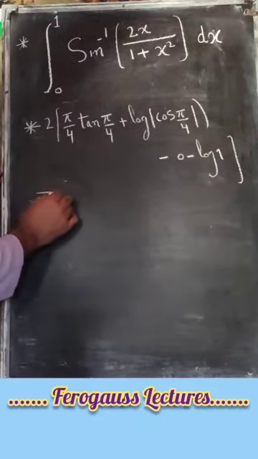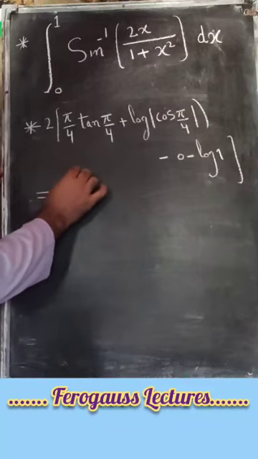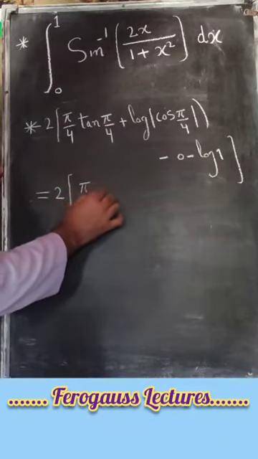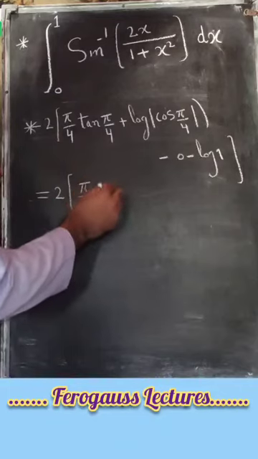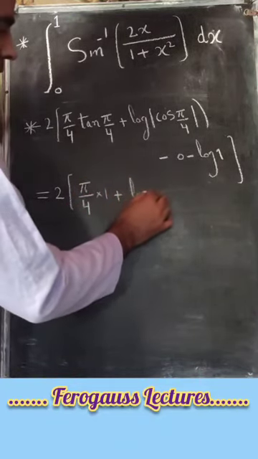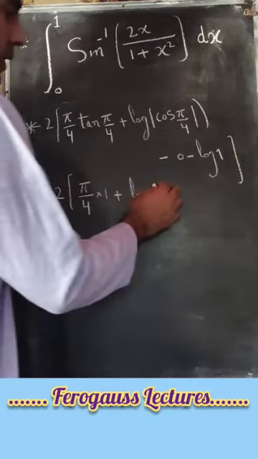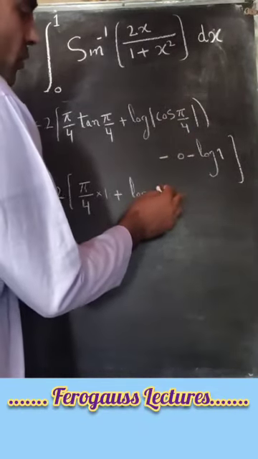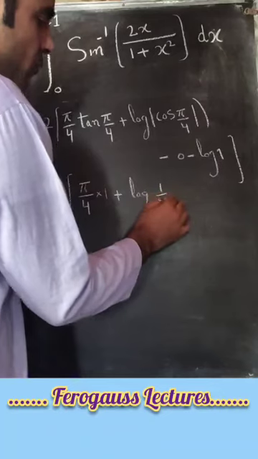This is further equal to, it's 2 times pi by 4, then tan of pi by 4 is equal to 1 plus log of cos of pi by 4 is equal to 1 by root 2.